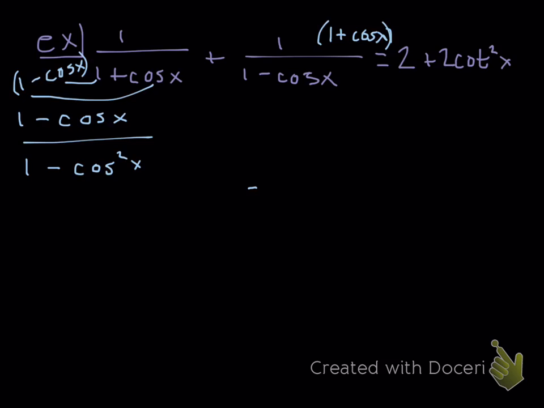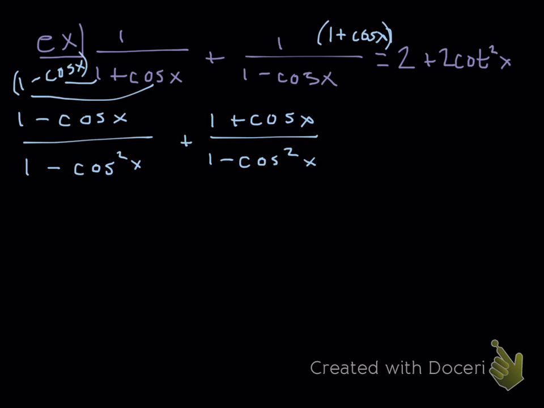Okay. Now my other fraction, I will have 1 plus cosine of x. And in the denominator, again, I'll have this 1 minus cosine squared of x. And the whole purpose of getting common denominators is so I can put these together.